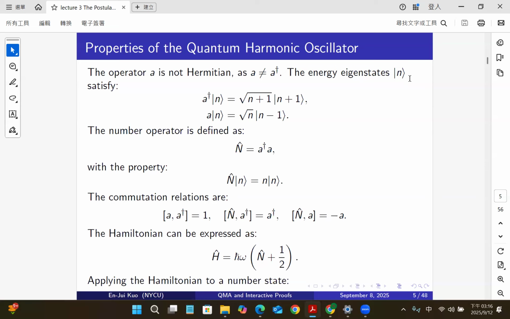And a has the property that it will decrease n. So this is why a is called the annihilation operator and a-dagger is the conjugate operator, because one will increase n and one will decrease n. This is usually taught in third year quantum physics, if you have heard of it.